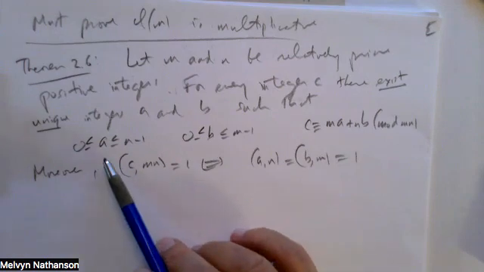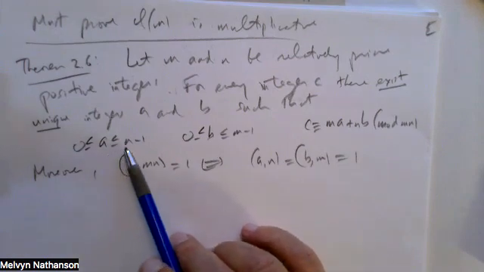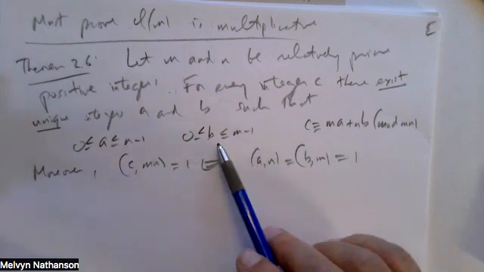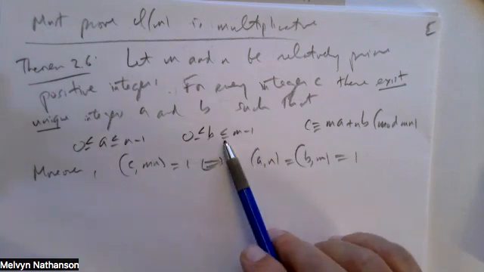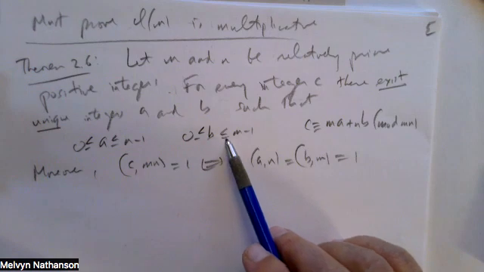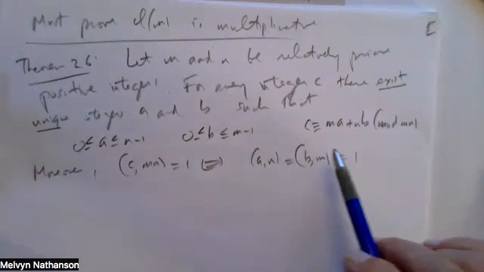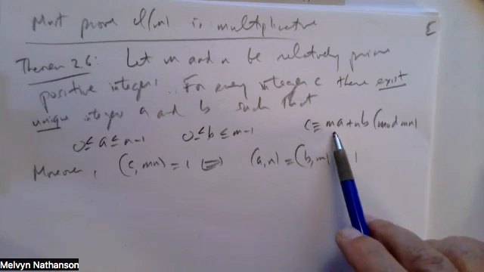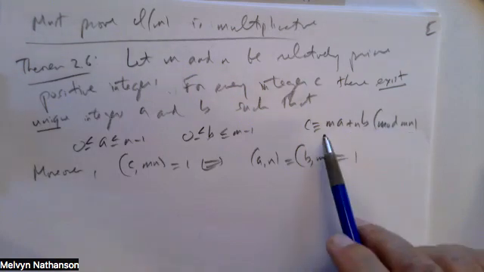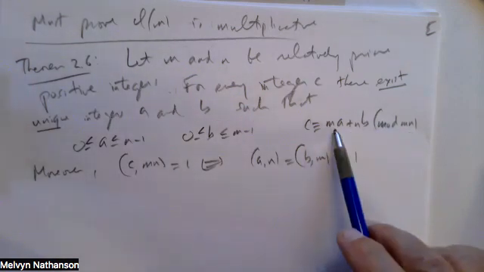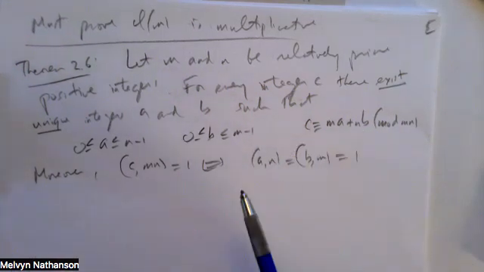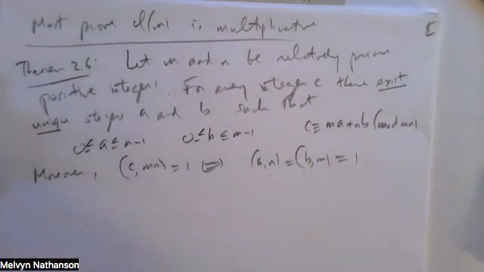So if you take any of the least non-negative residues mod n, those are the a's, and any of the least non-negative residues mod m, those are the b's, then every number is congruent to ma plus nb mod mn, and uniquely. So if you take different a's and b's, you get different c's. And that actually is the first thing we're going to prove. So, proof.